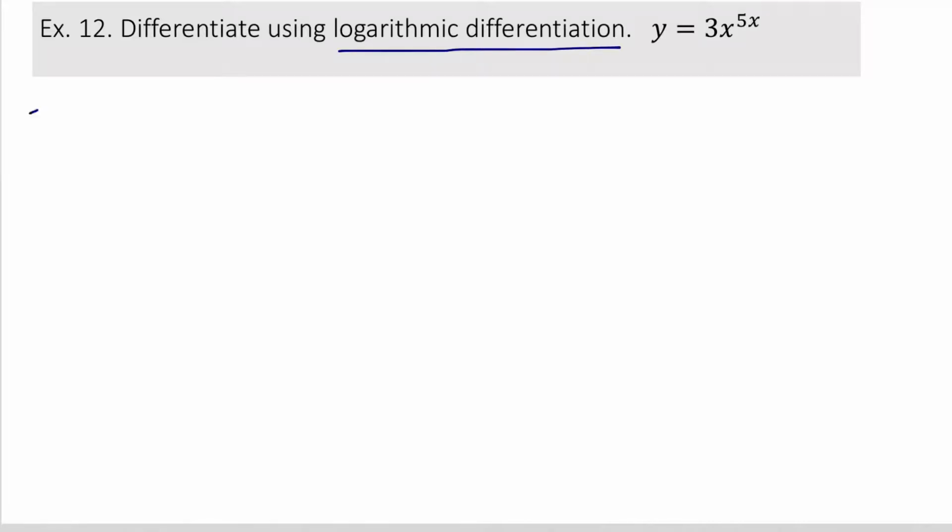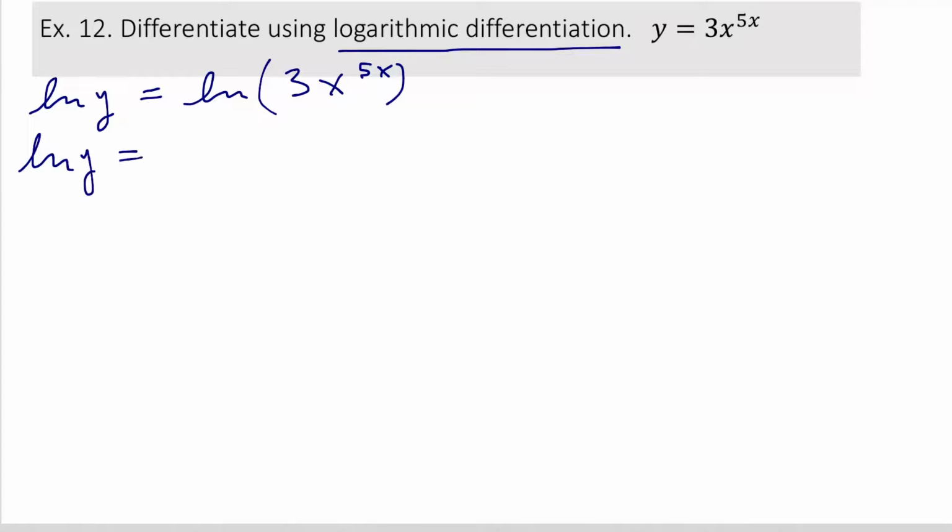So we take the ln of both sides, step 1, and then we simplify that using any log rules that will allow us to do any simplification. So I've got a product here, 3 times x raised to the 5x.